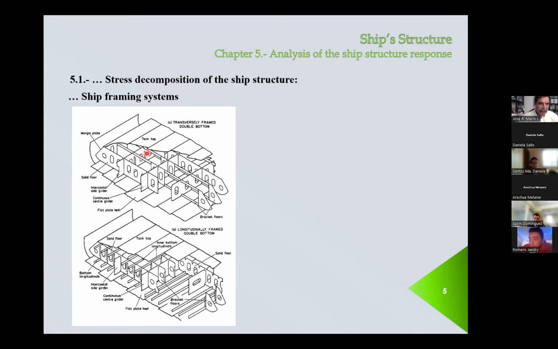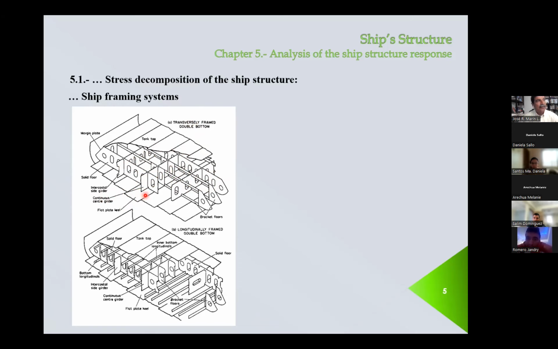You have these longitudinal elements, very strong elements, and in this direction you have the transverse. Now, here you have the center girder, right? And you have these elements on this side to keep it straight, to keep it vertical.